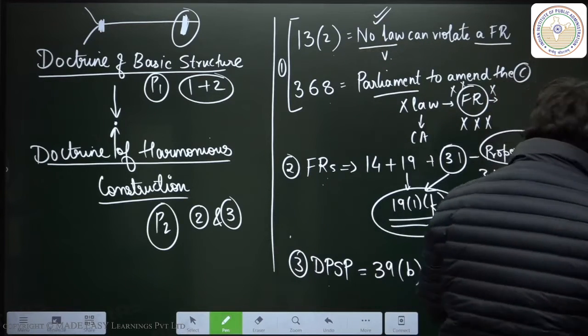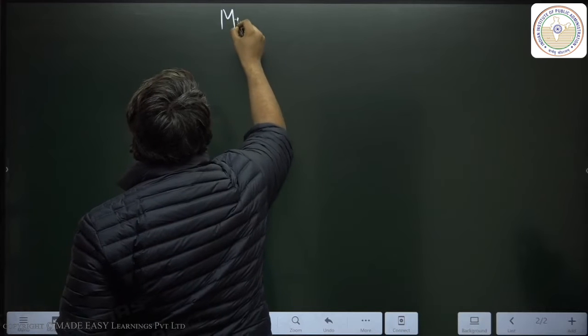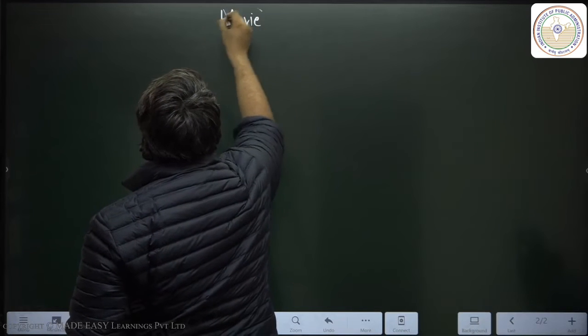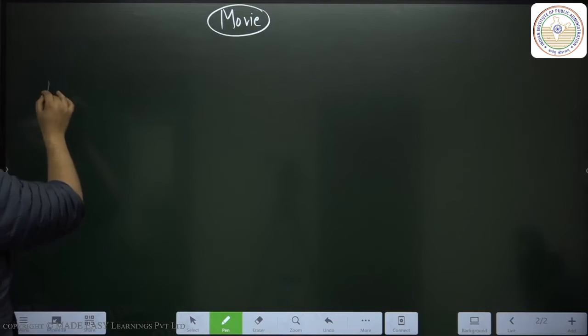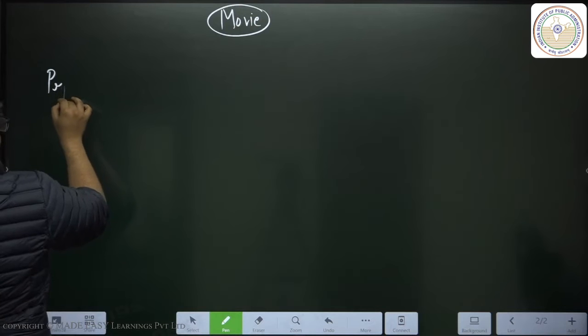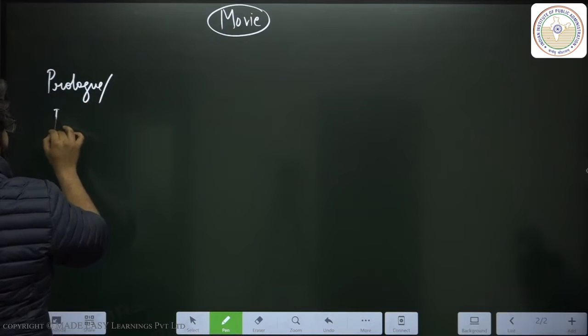All right. Let's look at it as if we are looking at a movie. Now, a movie will often have some sort of a prologue, or some form of a backstory.